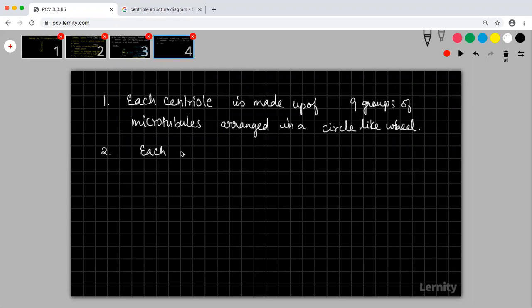Each microtubule triplet is tilted at a 40-degree angle.